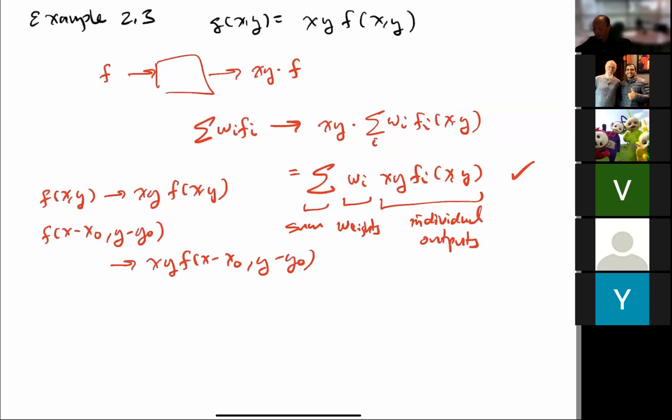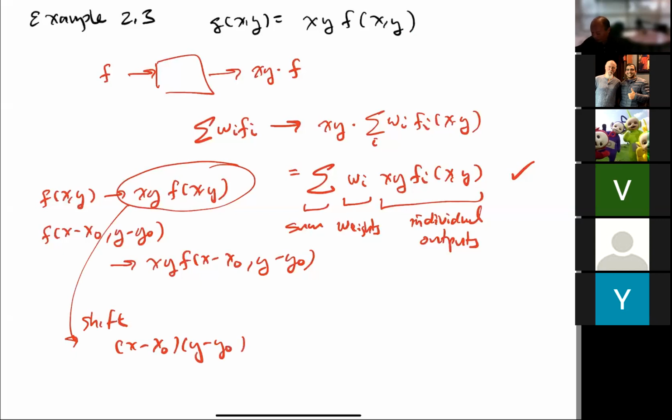But if I look at a shifted version of the original output, I have to shift all the xy terms too. So shifting this, I would have x minus x naught, y minus y naught, f of x minus x naught, y minus y naught. And these two things are not equal. So that's not shift invariant.